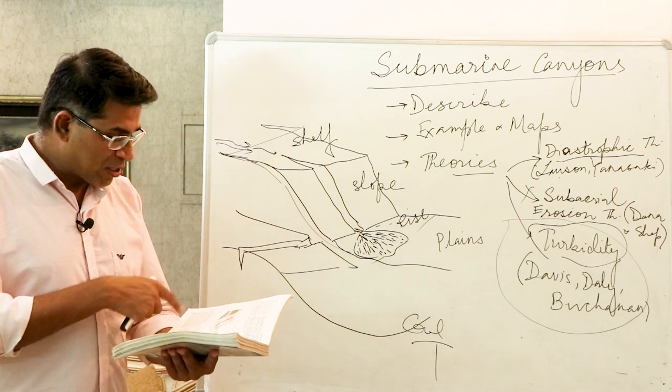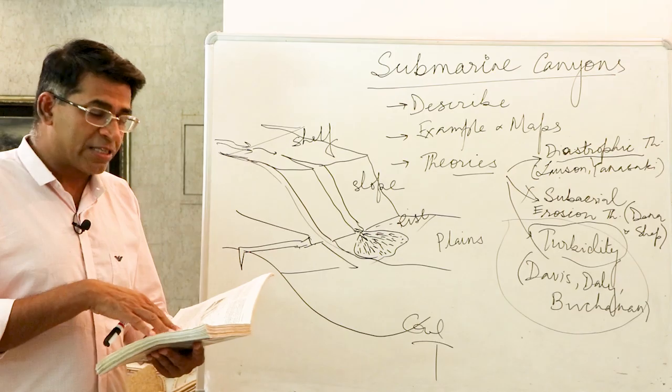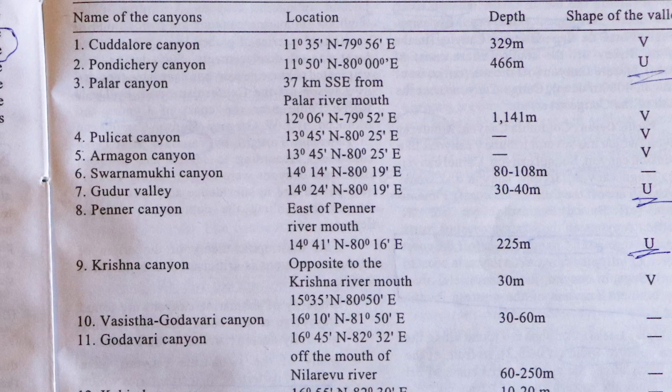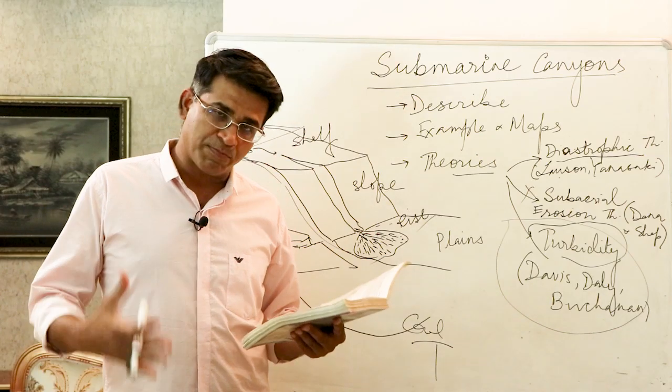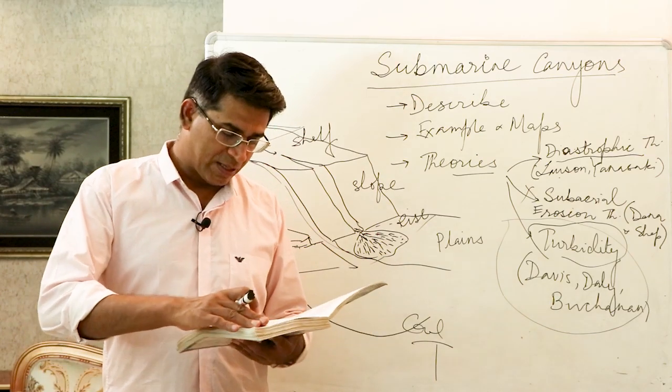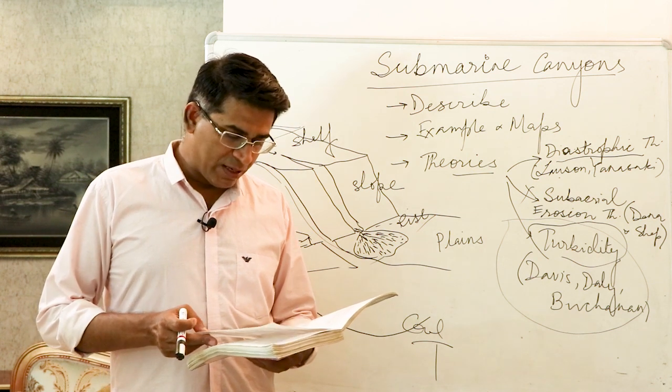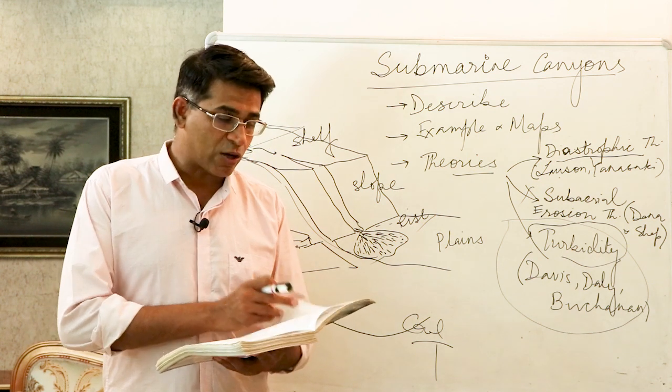Then it talks about examples. You can look up page 67. So pick up 3-4 of them. These canyons along the east coast of India: Cuddalore Canyon, Pondicherry Canyon, Palar Canyon. We do have Ganga Canyon, but it is not really as prominent. Why? It is covered by some deposits.